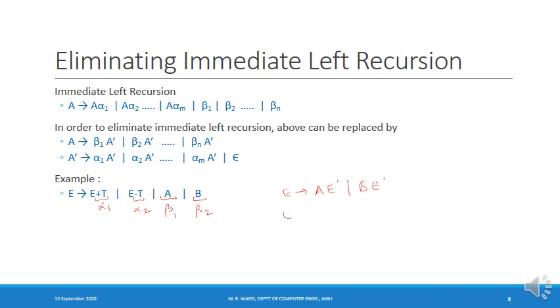Similarly, from E dash I'll have the production alpha 1 which is plus T, and then E dash, and alpha 2 which is minus T, E dash, and I have epsilon. So these productions got transformed to this, and now immediate left recursion is not there. So when you have more than one alpha and more than one beta, you can eliminate the immediate left recursion according to this pattern.